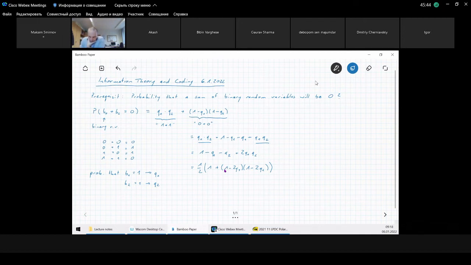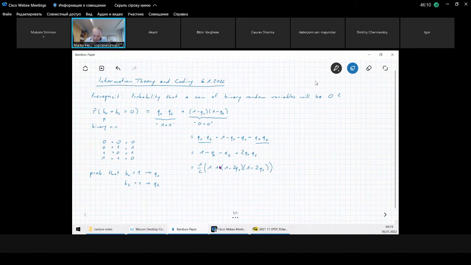Notice if you multiply this out in the brackets, you get 1 minus 2Q2 minus 2Q1, with this factor 1/2, we get these two guys. And at the end, we have 2Q1 times 2Q2, this is 4 Q1 Q2 times 1/2 is this one.